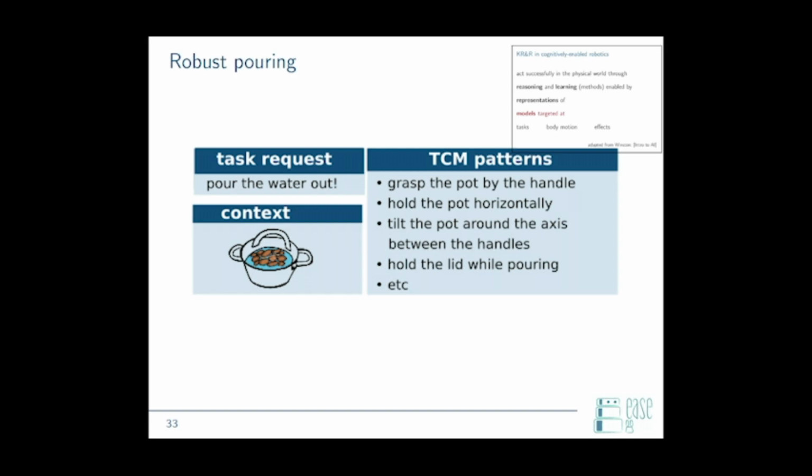Because if we look at a pouring action, such as pouring water out of this pot, a robot can only execute that action robustly if it infers that it has to grasp the pot by the handles, that it has to hold the pot horizontally, that it has to tilt the pot around the axis between the handles, and it has to hold the lid while pouring.